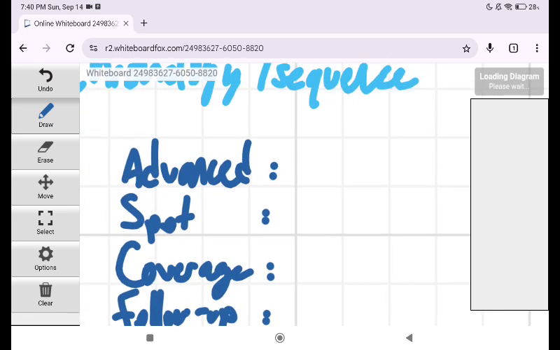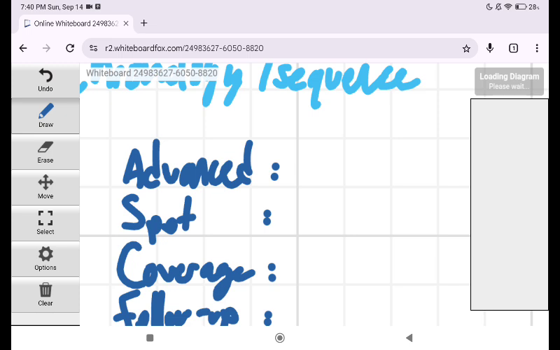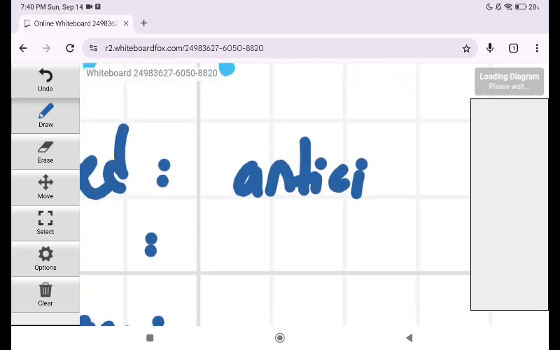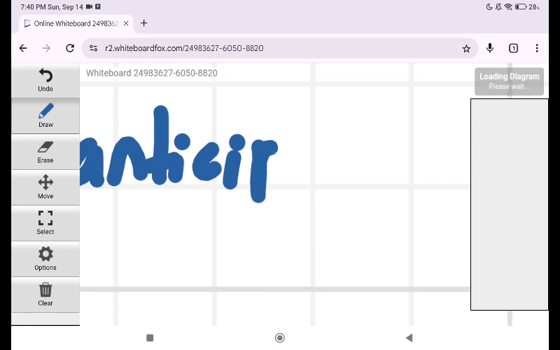So the advanced news are about events that are anticipated or expected to happen.